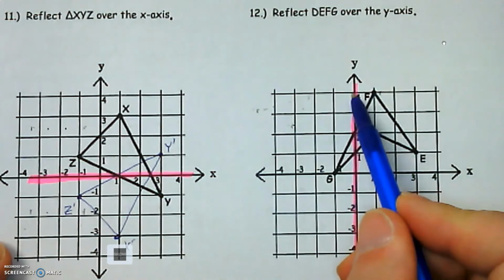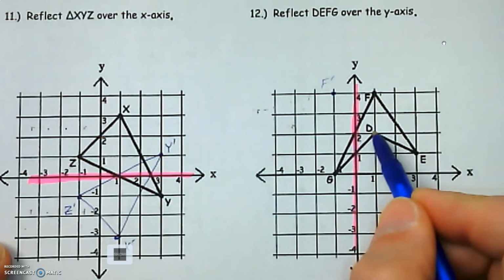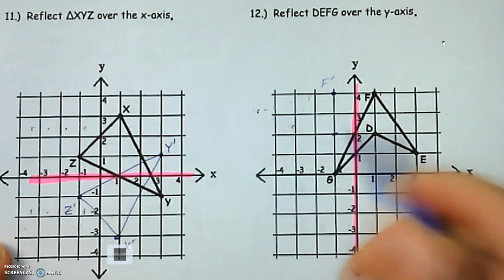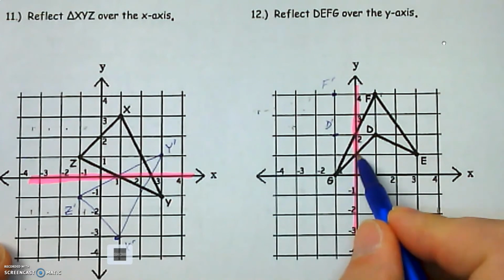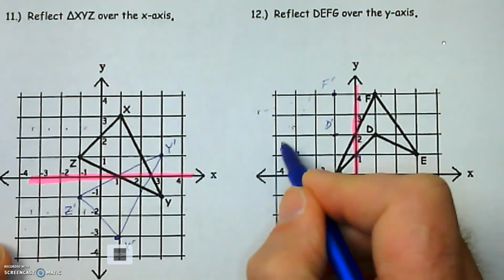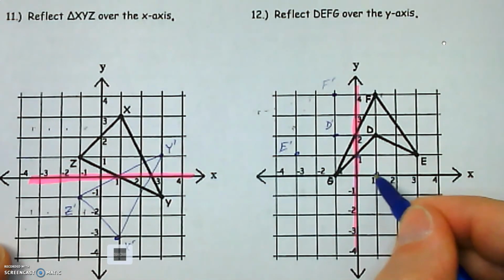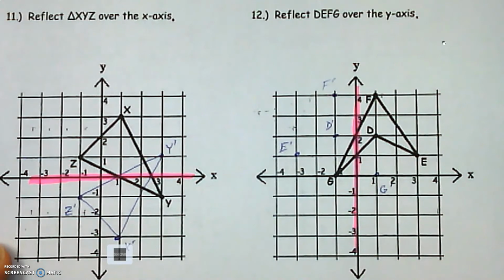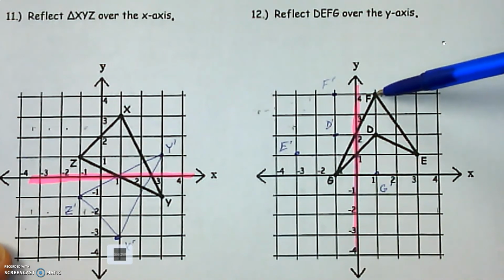And last one, we will reflect over the y-axis. So point F, 1, F prime 1, D 1, D prime 1, E 1, 2, 3. You know what to do, keep going. 1, 2, 3 for E prime. G 1, G prime 1. Okay. Now if you're not really sure how to connect this, look at the pre-image.